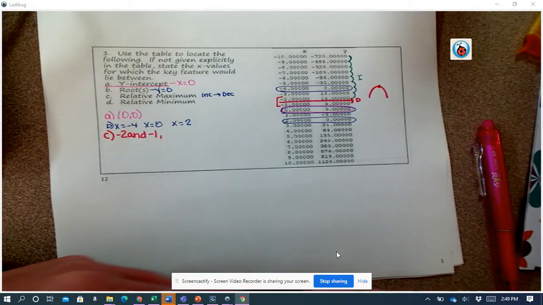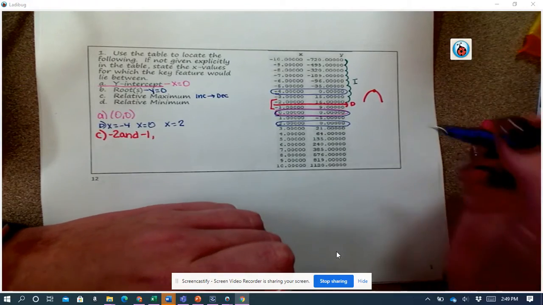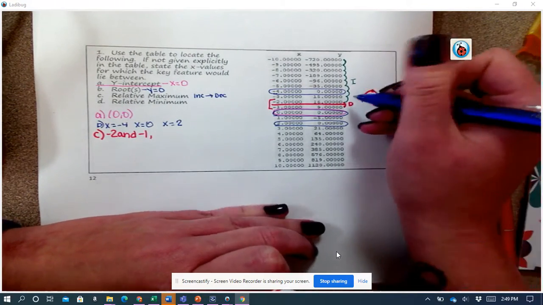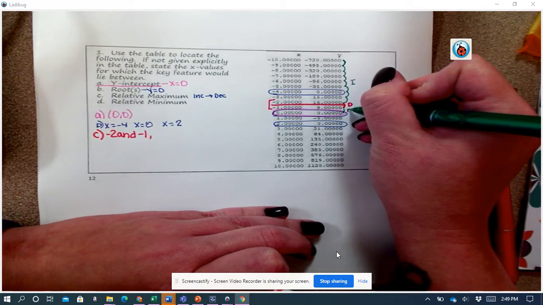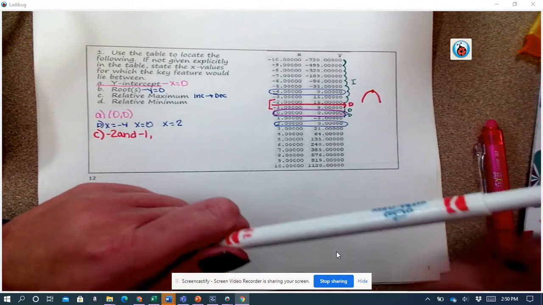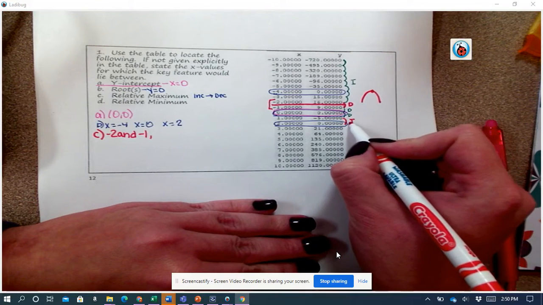So we're decreasing. And then from 9 to 0, we're still decreasing. We're decreasing. We're decreasing. But from -5 to 0, that's an increase.